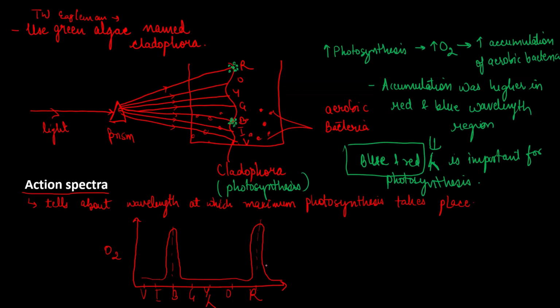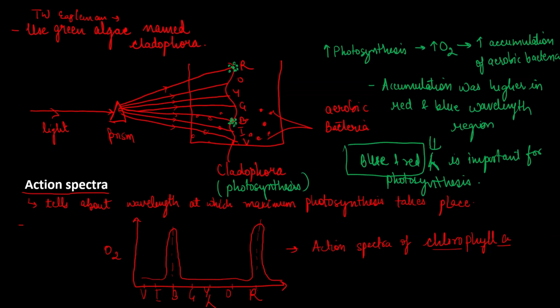So this is the action spectrum, and what is it the action spectrum of? This is the action spectrum of chlorophyll a. Chlorophyll a is a pigment about which we'll study in upcoming slides. But for now, if you remember in the last lecture, we saw that there are various components required for photosynthesis, among which chlorophyll was one, right?